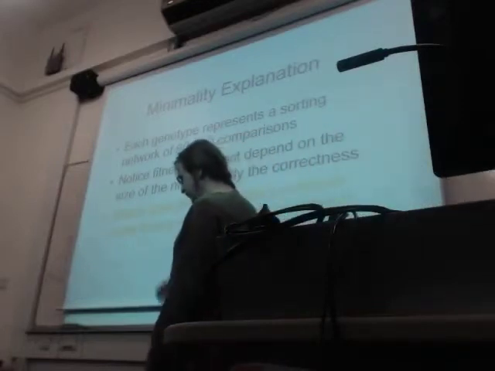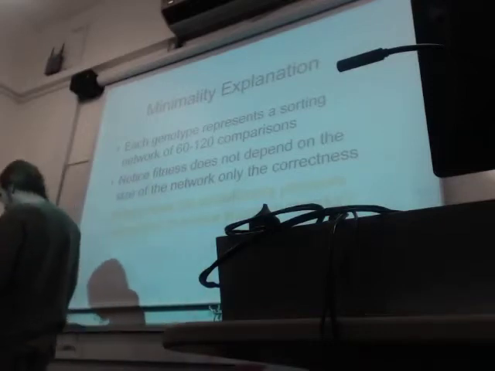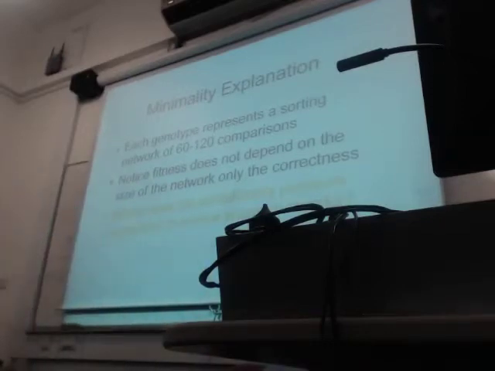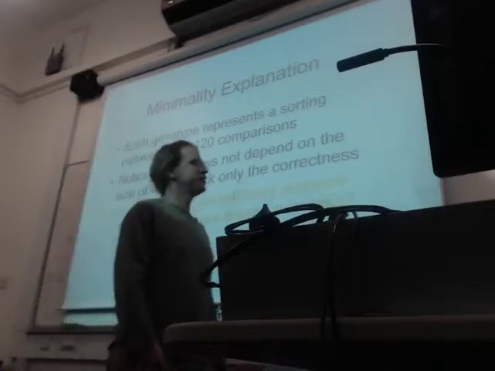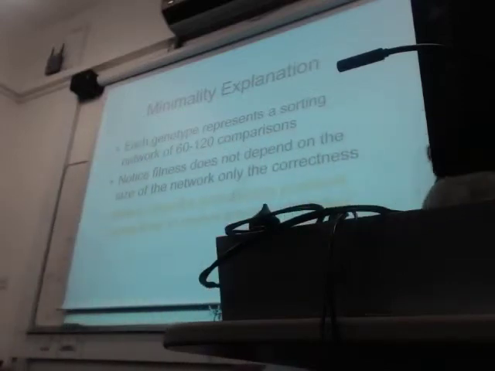Now, suppose we have two sorting networks. They're each correct. And in fact, the difference between the sorting networks is, maybe one's longer, but they're both correct up to some point.